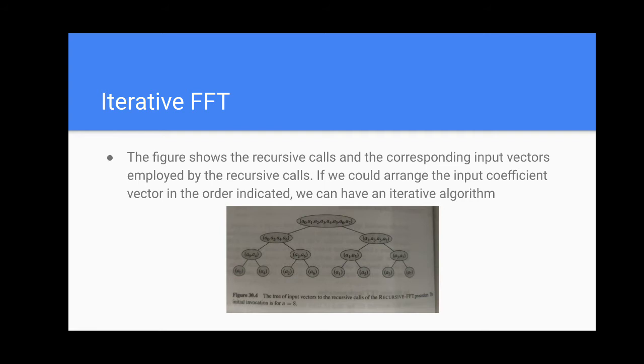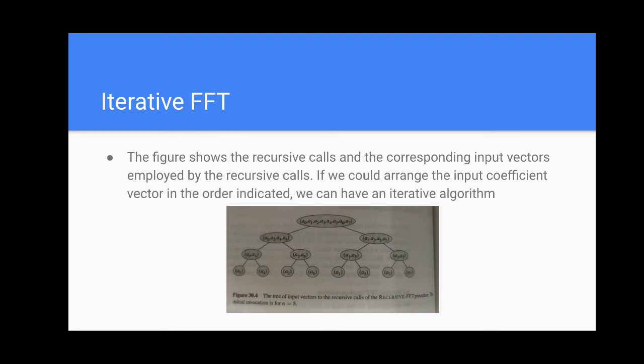So if you just pass the coefficient vector in this order and do the combining operation which is shown in the recursive algorithm at the end as a loop, we could compute the discrete Fourier transform in an iterative manner.